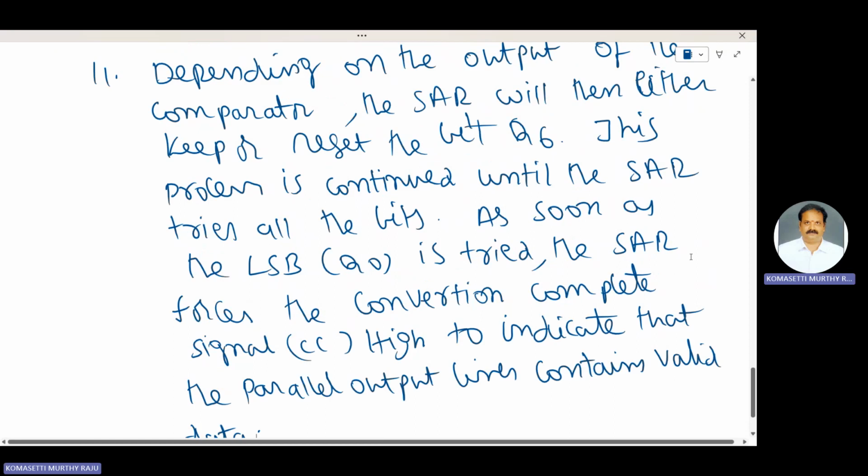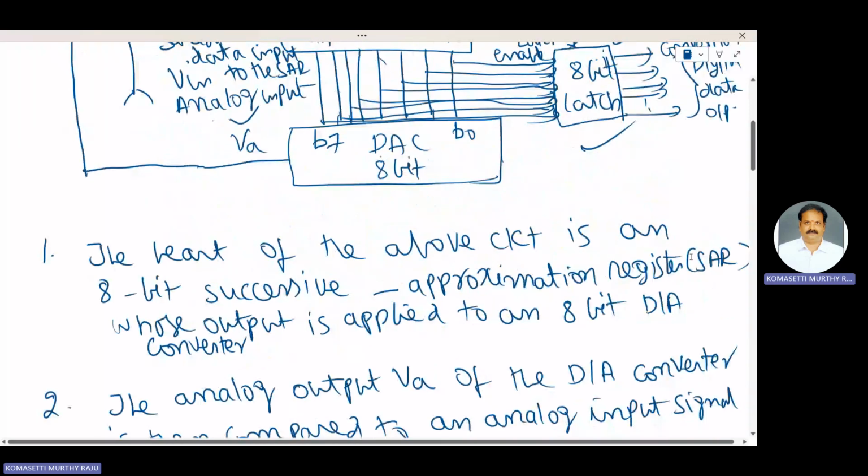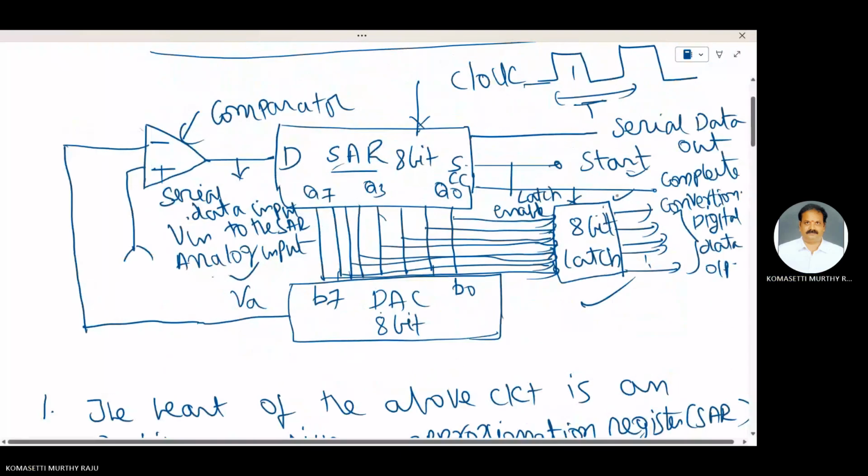At the beginning of the conversion, the start signal is high. At the end of that conversion, the CC conversion complete signal is high. After that, the parallel output lines contain some valid data.